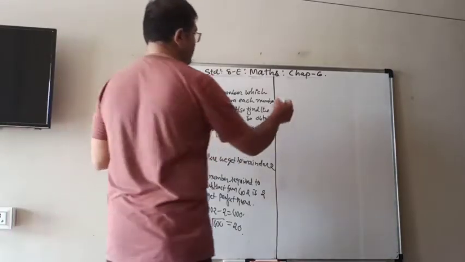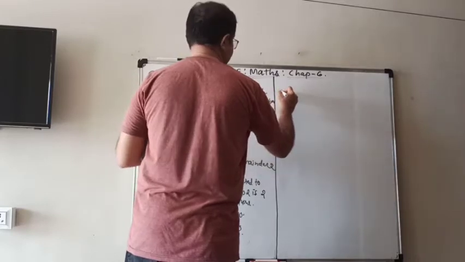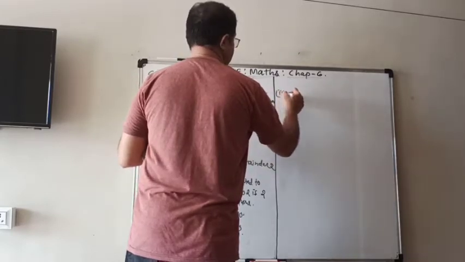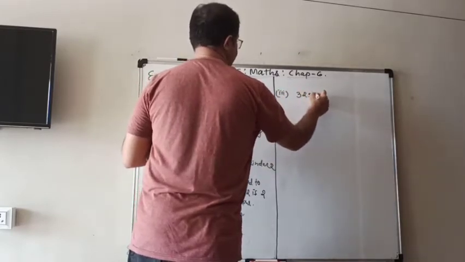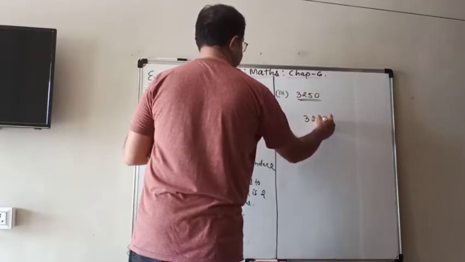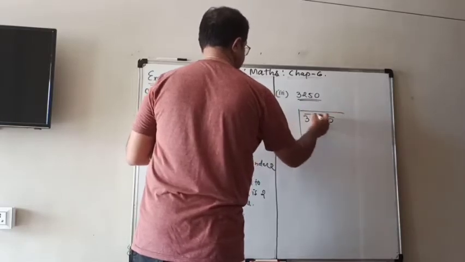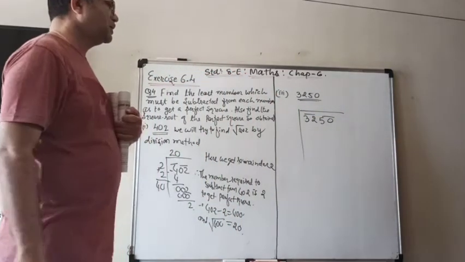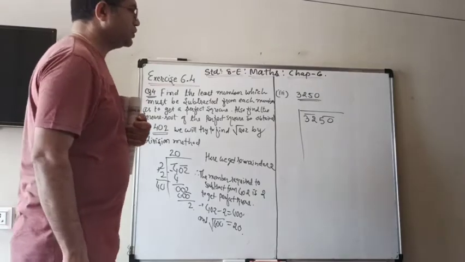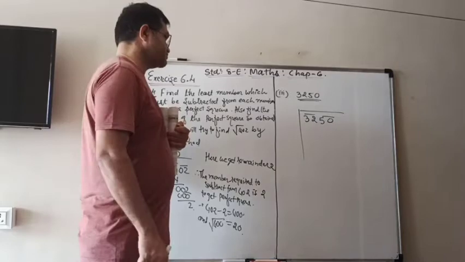Let's take another example for that. The others too you will do yourself. The third one is 3250. Here also we will try to find it by the division method. So now we get 2 pairs, 32 and 50.